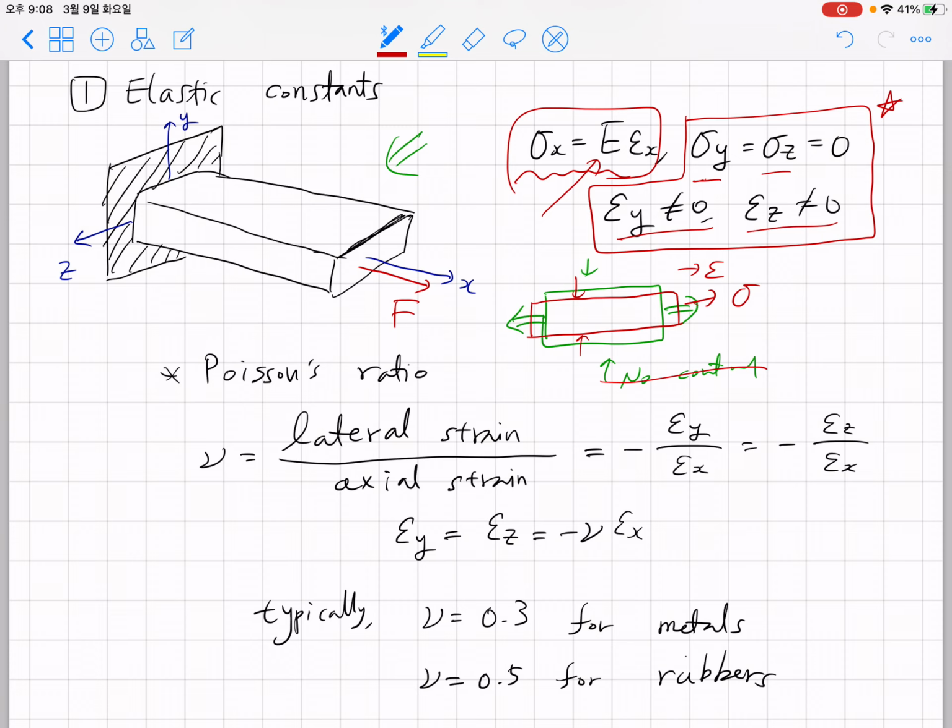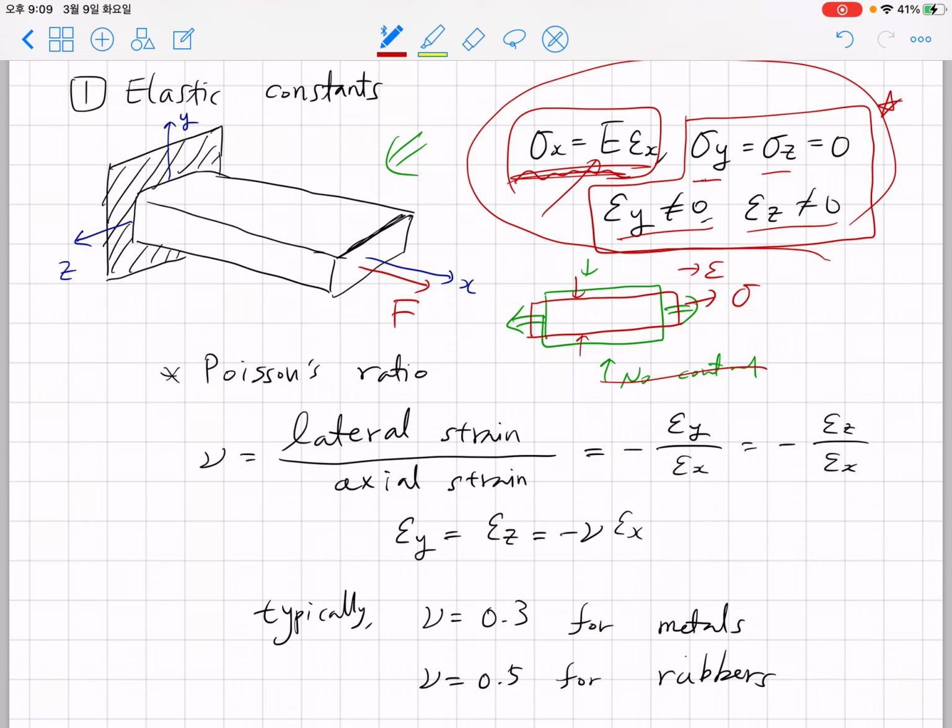You always have to remember that the experiment is performed under these conditions. You leave your side wall free, with zero traction force, and you perform the tension test along one direction or compression test along one direction, then you expect this kind of relationship.